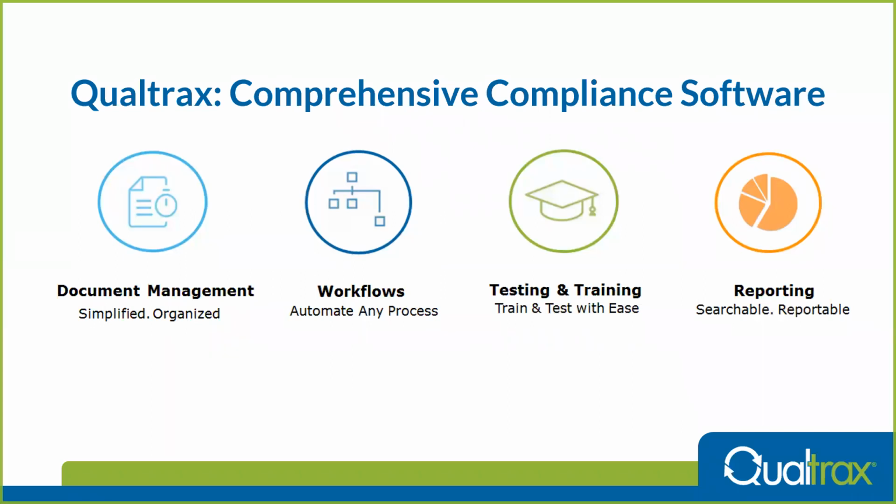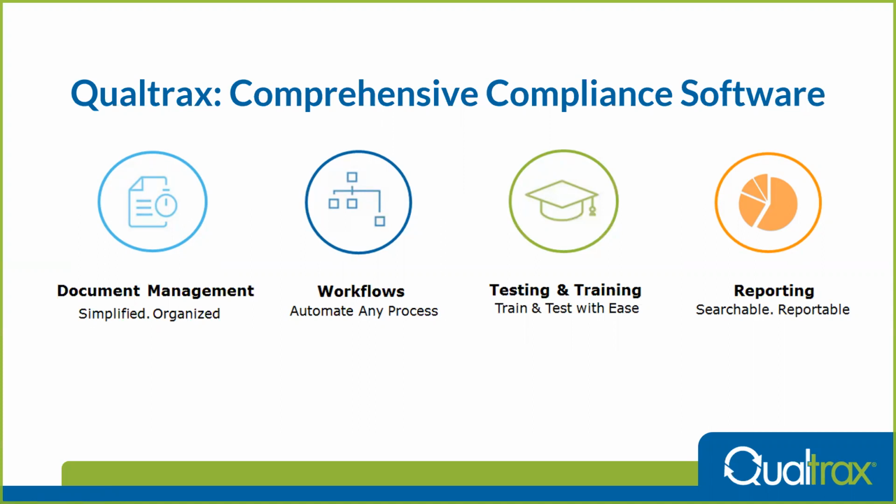So Qualtrics, we're made up really of document management, which is going to be your place to store documents, control documents, enforce some access controls on who can edit and approve those documents. We have a process management engine, which is our workflows.